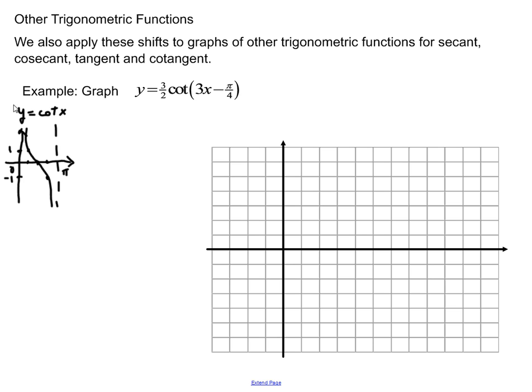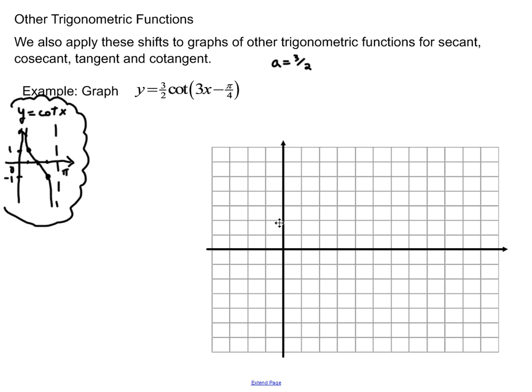Okay, and since there's no vertical reflection, we're not multiplying our cotangent function by a negative, we can use this as a reference. So how should we do that? Well, of course, we get the value a is equal to 3/2. So normally, at my quarter points I would be at positive 1 and negative 1. Now I'll be at 3/2, 1.5, above and below the x-axis.